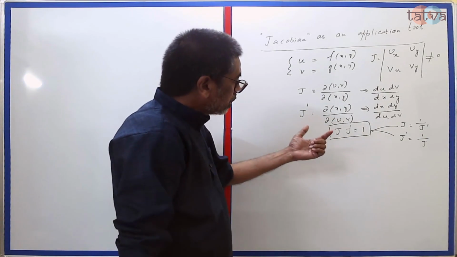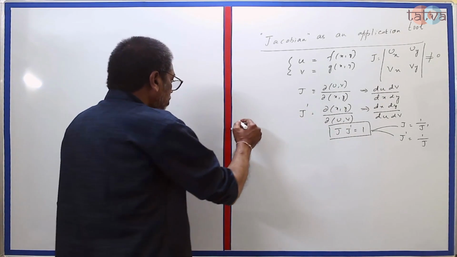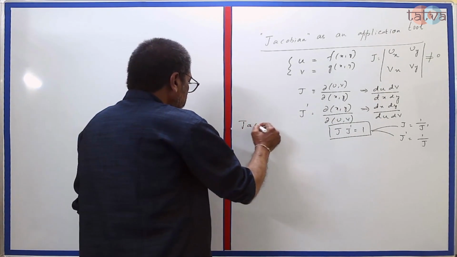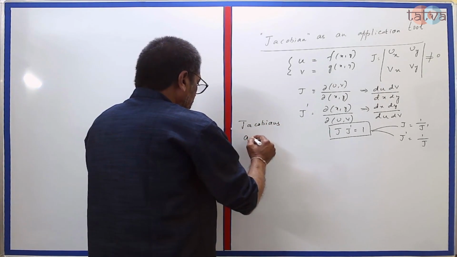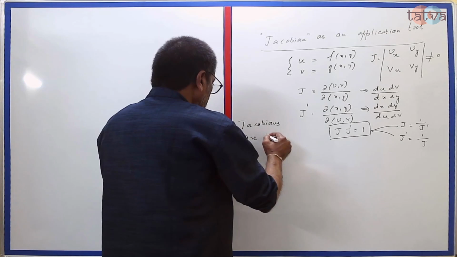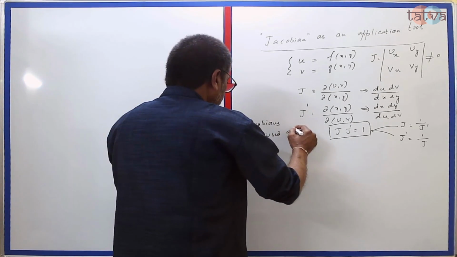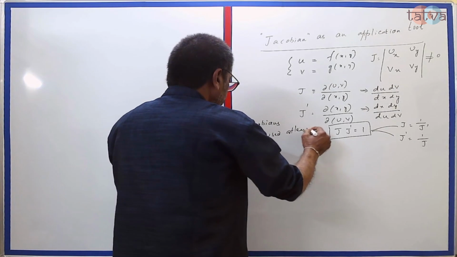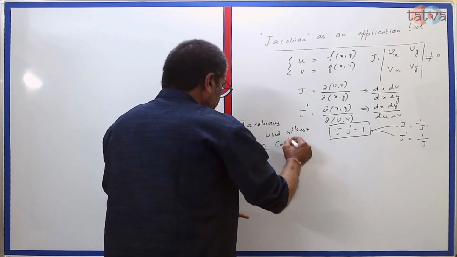Now, how is it useful? Where is it useful? So Jacobians are used at least in two contexts.